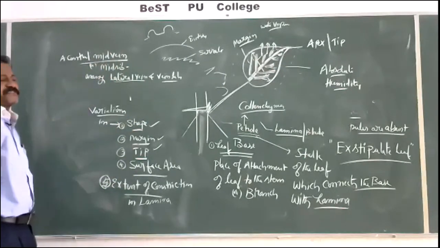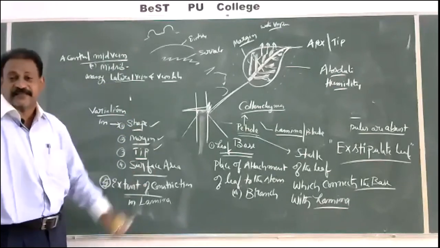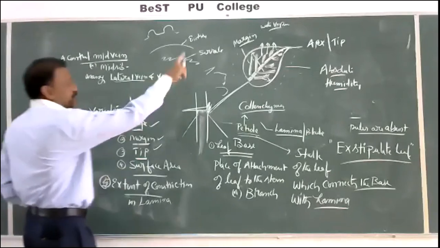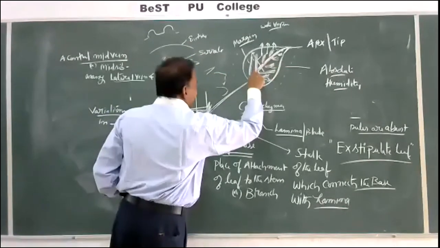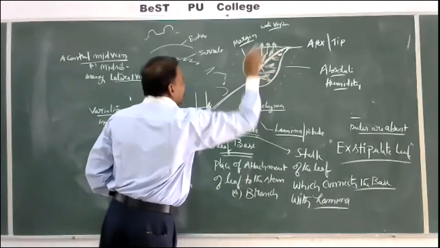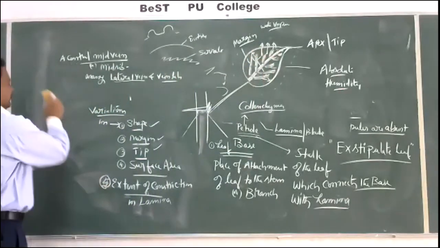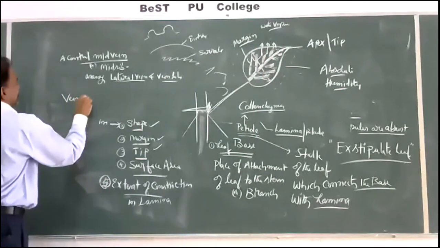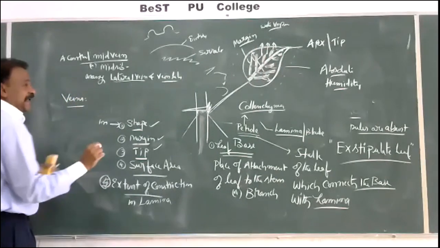Various types of venation are there, generally taking two basic types into consideration. So the veins, midvein, lateral veins, and veinlets all together constitute venation.